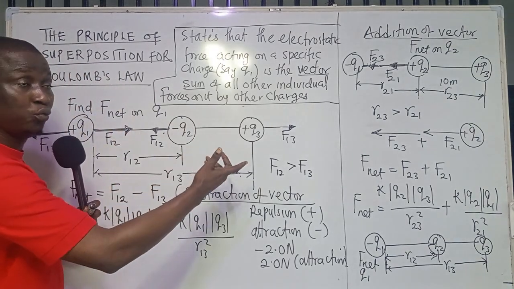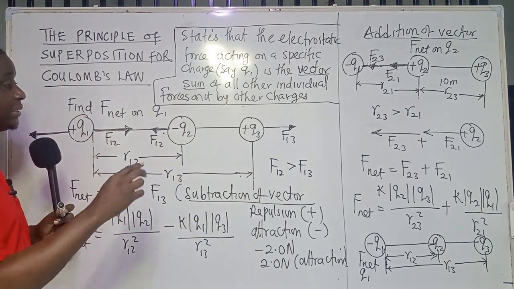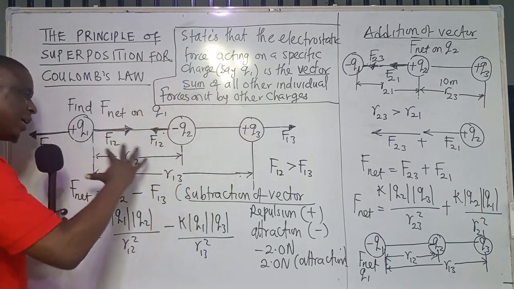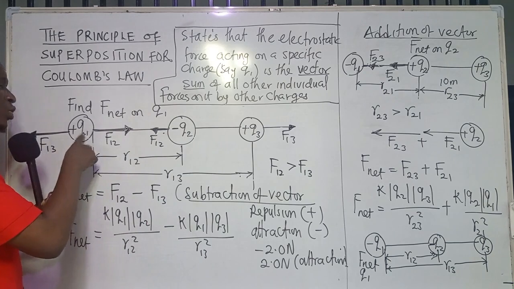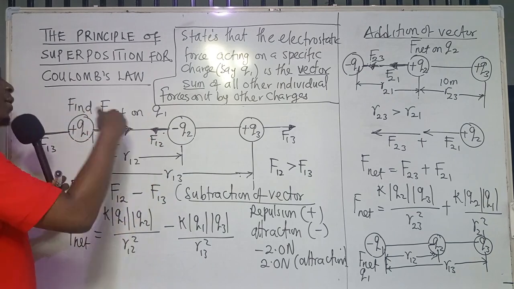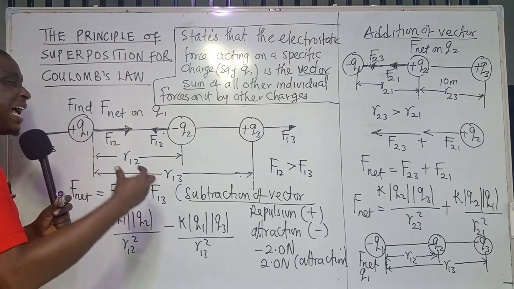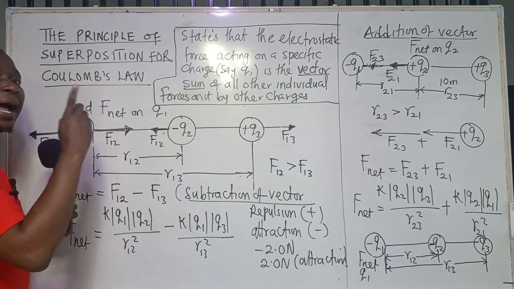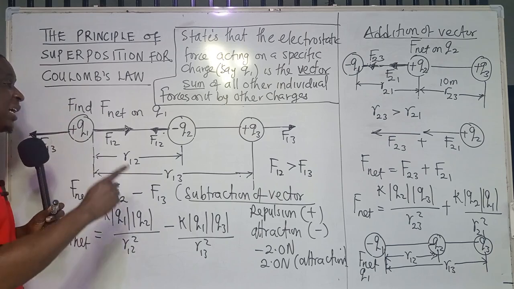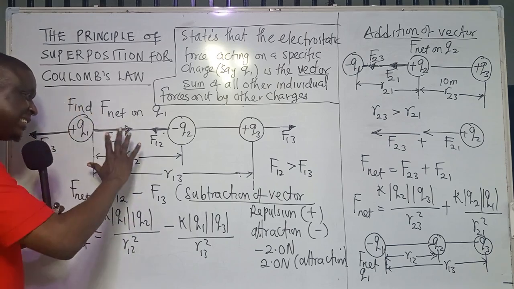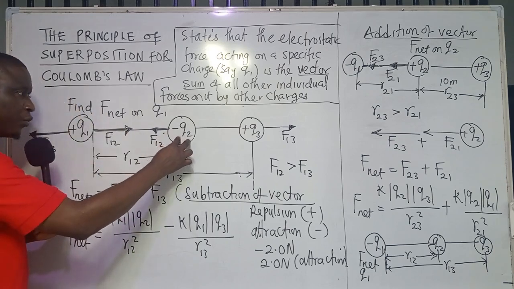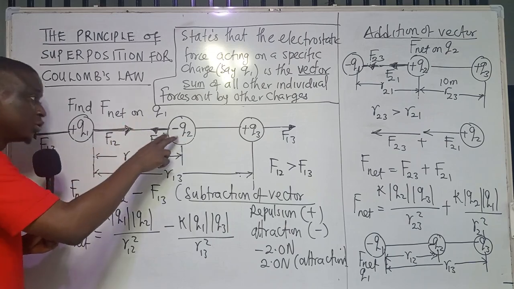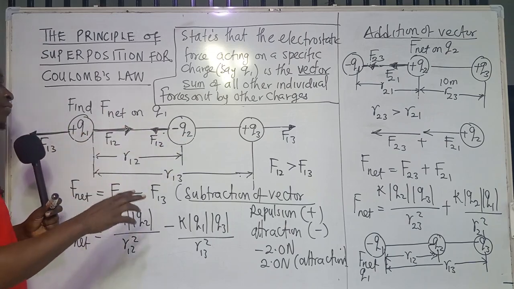This is a system of three charges. Now, don't forget, in this system, if I should ask you which force has more influence on Q1, is it attractive force or repulsive force? The answer to the question is attractive force. Attractive force dominated this system. Why? Because Q2 on Q1 is creating an attraction and is closer to Q1.